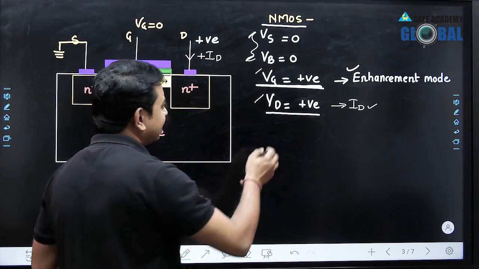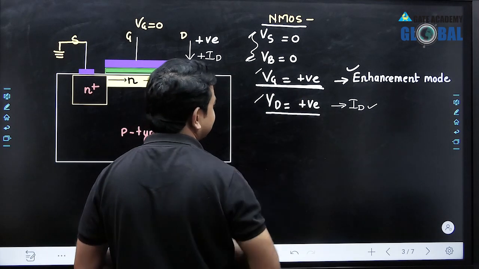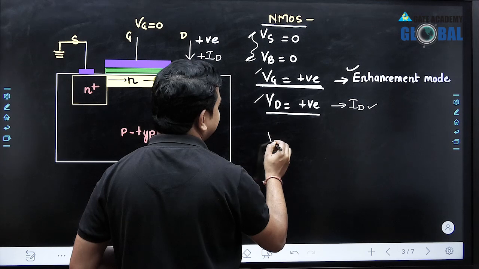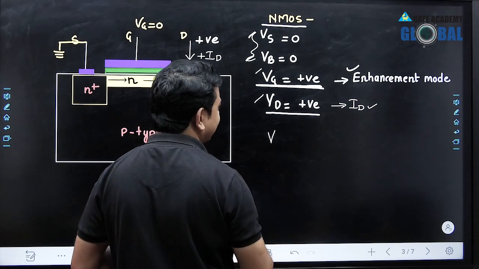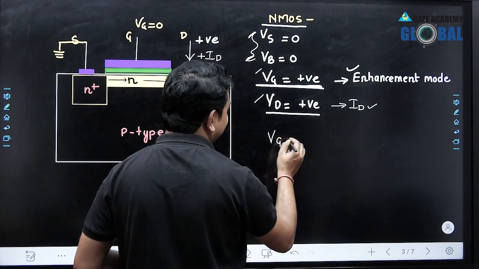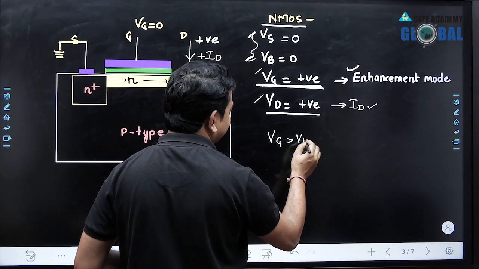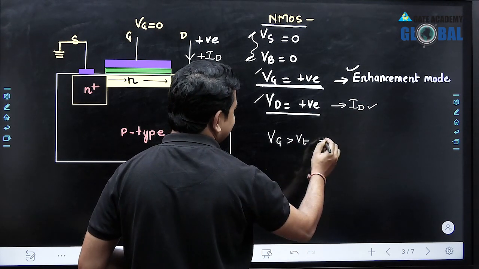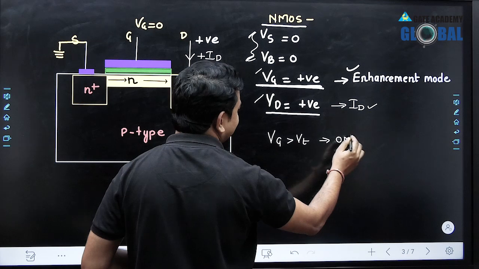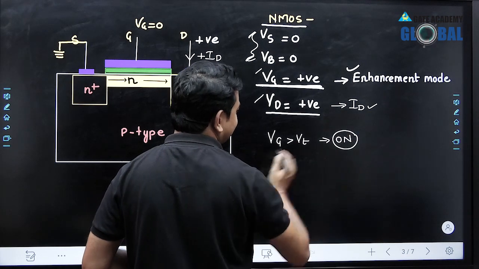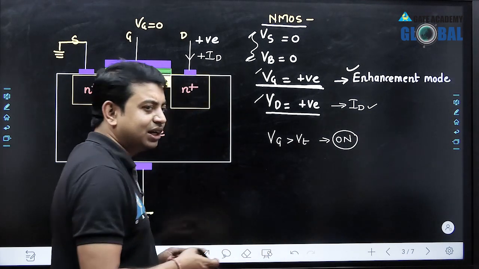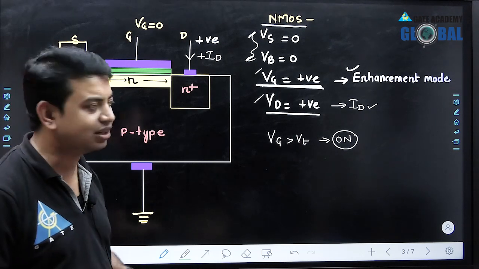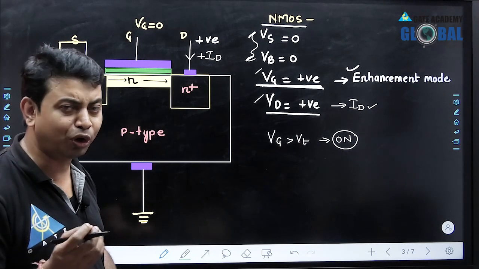And we understood that this gate terminal is attached to positive. So what is the voltage that must be applied at the gate terminal to enhance the channel? The gate terminal voltage must be greater than the threshold voltage. If it is like this, then we can say that your MOSFET is working in the on condition, because we have created a channel and we can use this path for the flow of current.